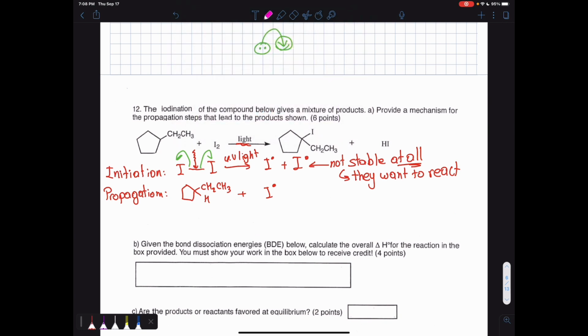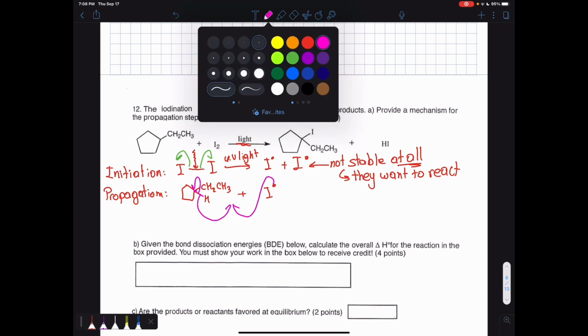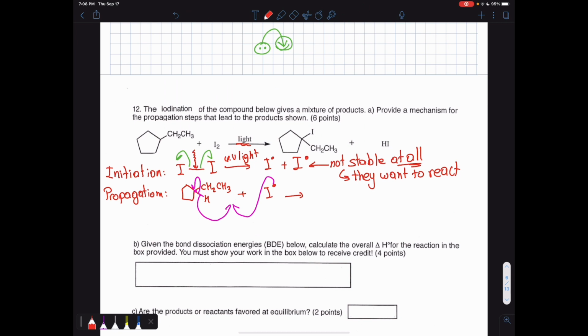So this is going to push a radical into the cyclopentane on this carbon right here, and this radical and the radical left from the hydrogen are going to react together. And what is it going to cause? It's going to cause forming an HI plus a cyclopentane with the ethyl, and there will be a radical on it.